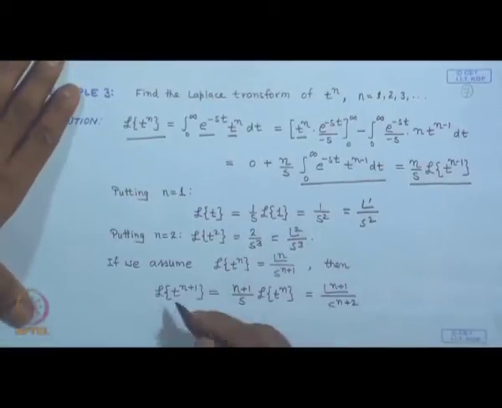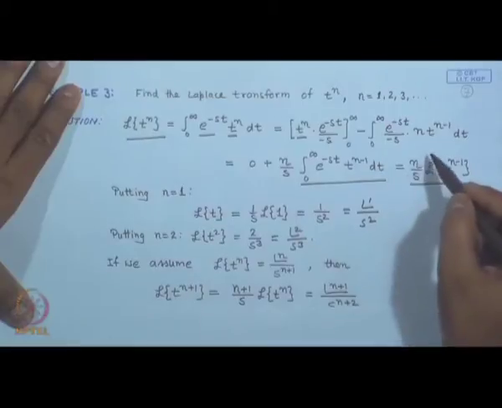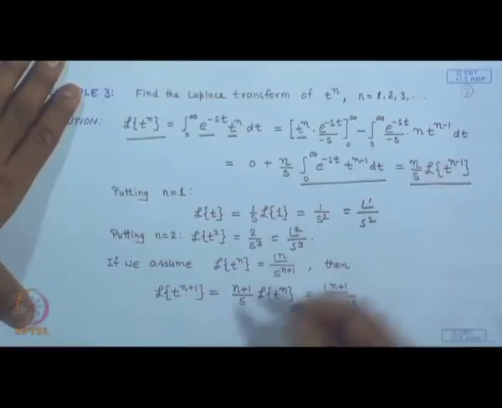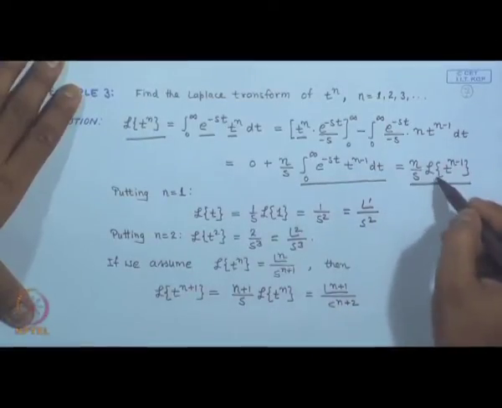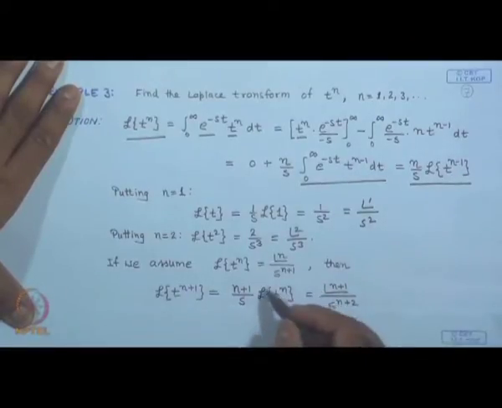So, we show that the Laplace of t n plus 1 is again by this recurrence relation. So, we have n plus 1 over s and the Laplace of t power n, and Laplace of t power n we assume that was factorial n over s n plus 1.